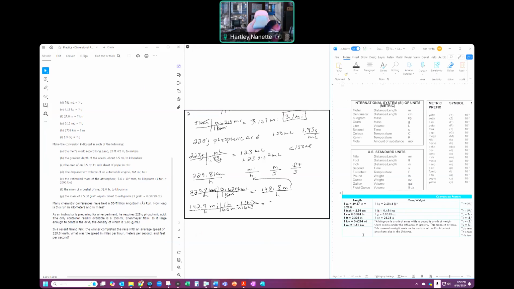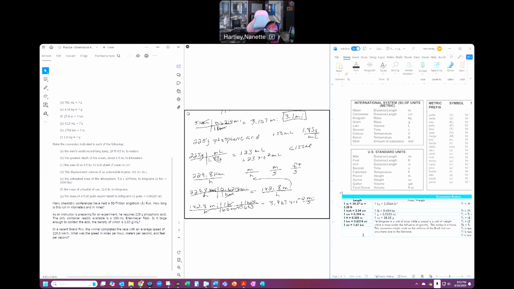And that gives me 3.967 times 10 to the minus 2, to 4 sig figs. I canceled my minutes, I canceled my hours, and that leaves me with miles per second.